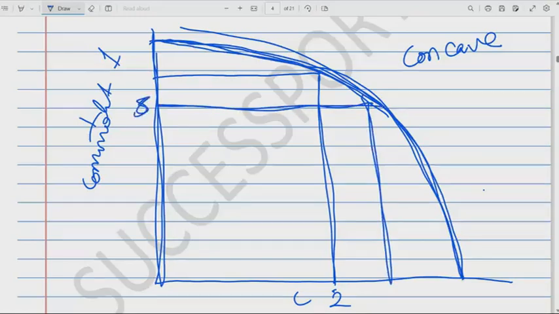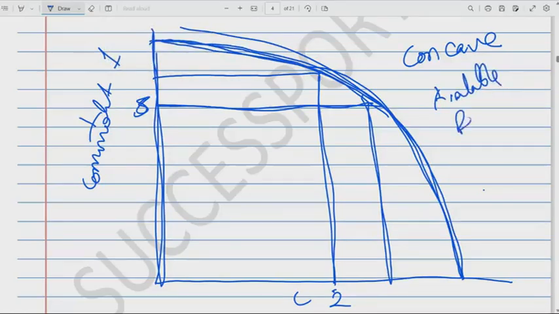So it's the combination that I can make to maximize output with these given resources. You can't produce anything outside this curve. It's impossible, because this is the maximum that you can produce with the available resources.